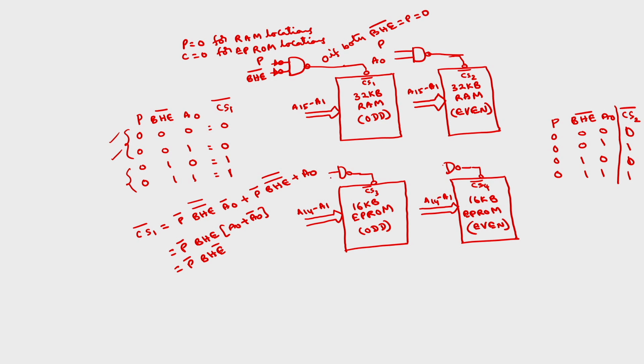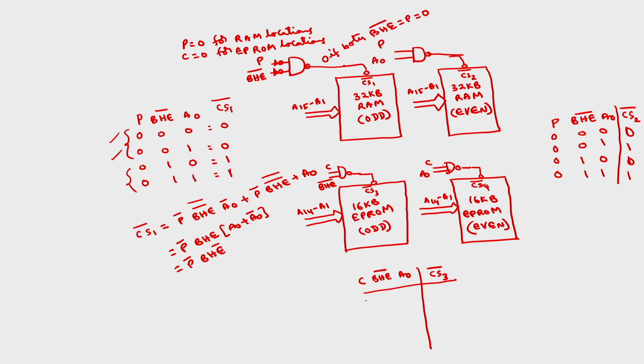Similarly, here we will get NAND gate outputs. The inputs of this one will be C, BHE bar, and here C, A naught. In a similar manner you can check for this. If you want CS3 bar, the inputs will be C, then BHE bar, A0.